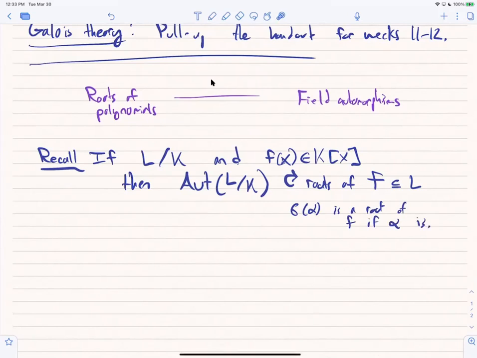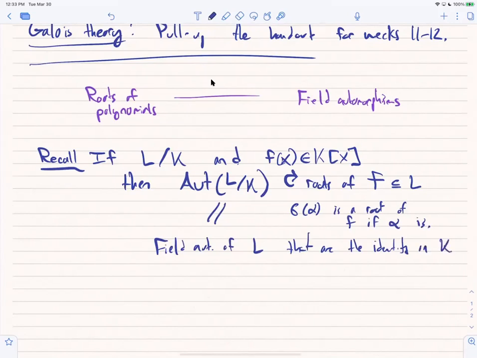When I say automorphisms of L over K, this means field automorphisms of L that are the identity on K. So not only do they send K to itself, they act as the identity map on K. A field automorphism is in particular a set automorphism, and it can preserve some subsets.